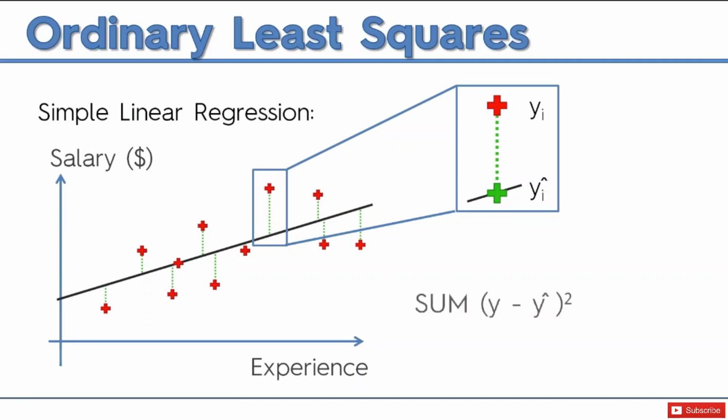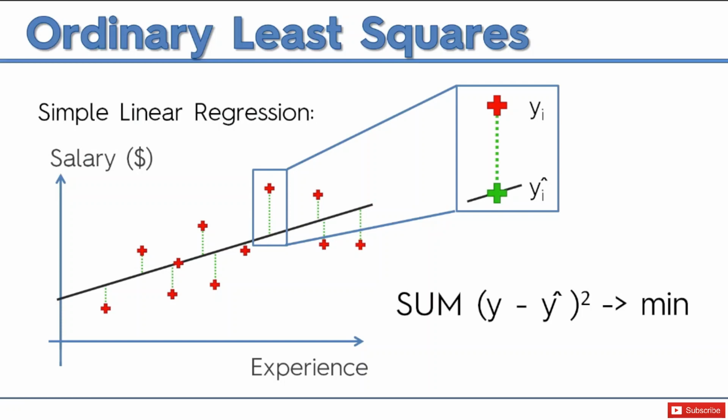Now, to get this best fitting line, what is done is you take each one of those green lines, or those distances, you square them, and then you take the sum of those squares. Once you have the sum of the squares, you have to find the minimum. So basically, what a simple linear regression does, and this is a simplistic way of imagining it, is it draws lots and lots of these trend lines.